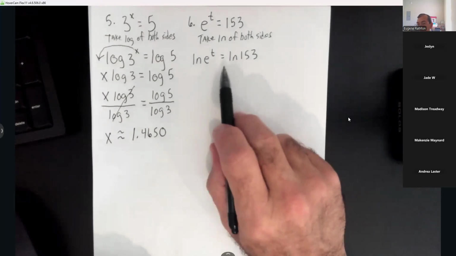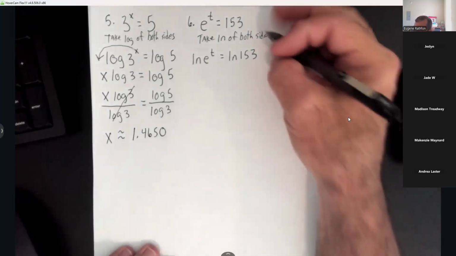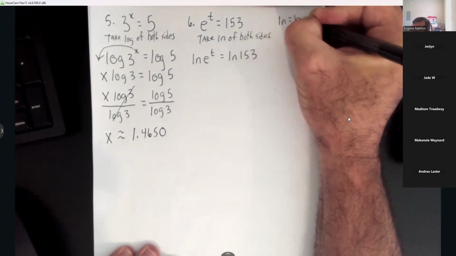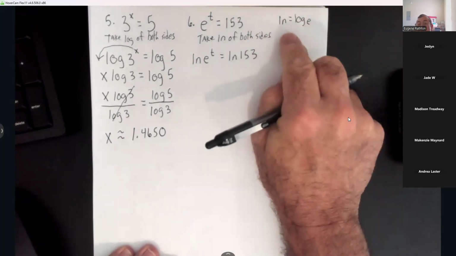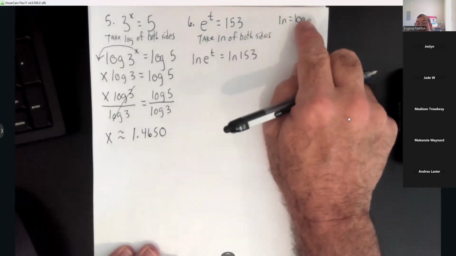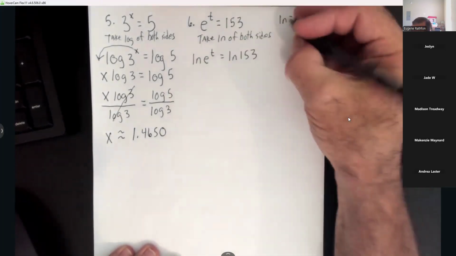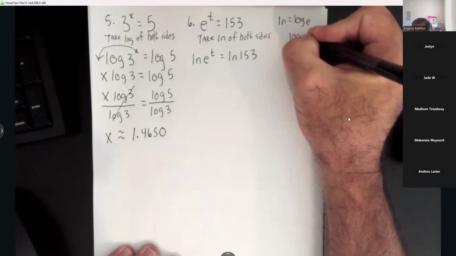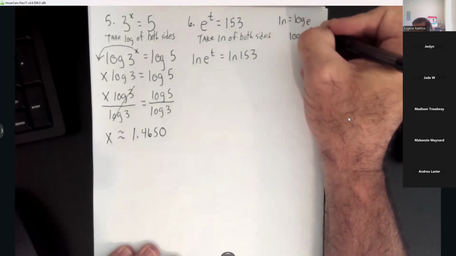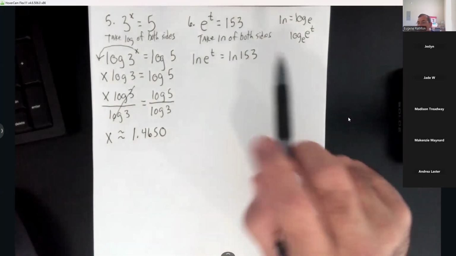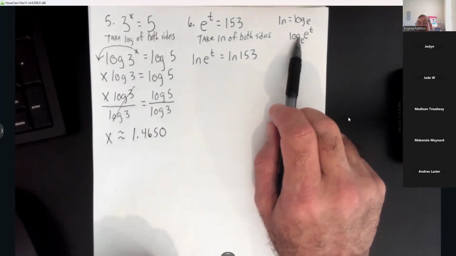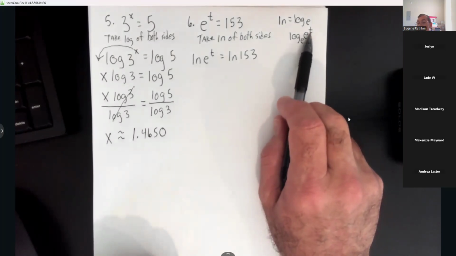Now, y'all, here's a nice property on this. Remember, LN is really a log base E. So this left side, you got a log base E of E to the T.